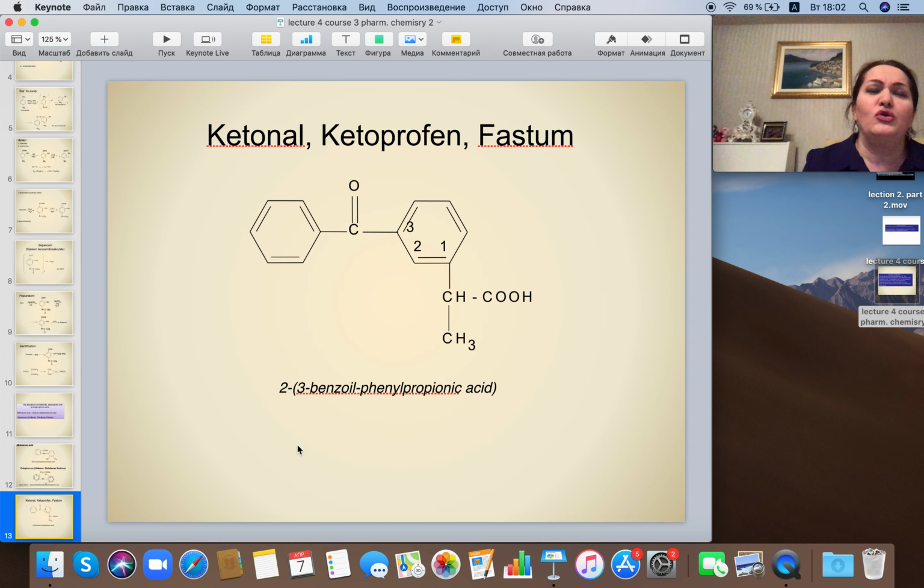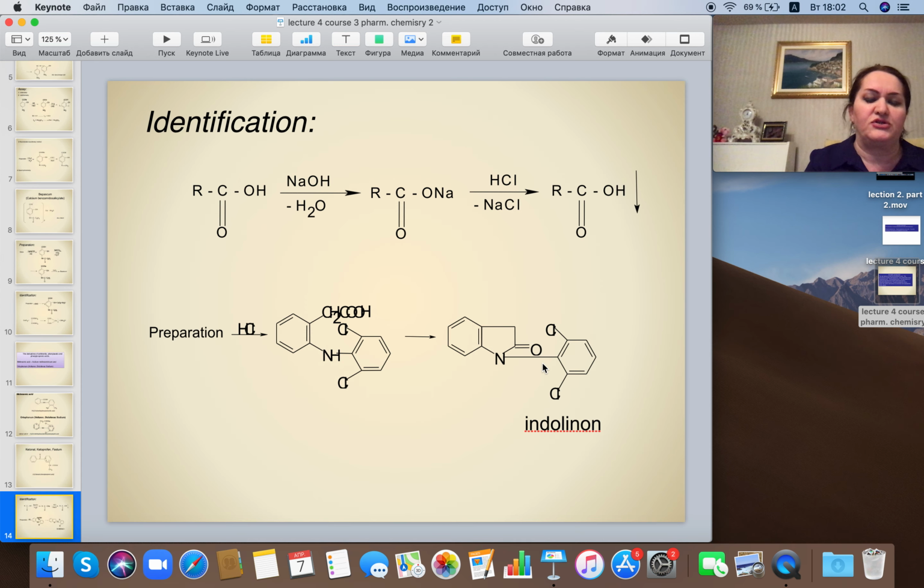To non-steroidal anti-inflammatory remedies also belong the derivatives of phenylpropionic acid. You can see phenylpropionic acid here, and its preparation ketonal or ketoprofen, also named fastum gel, with a 3-benzoyl group. This preparation also belongs to non-steroidal anti-inflammatory remedies.